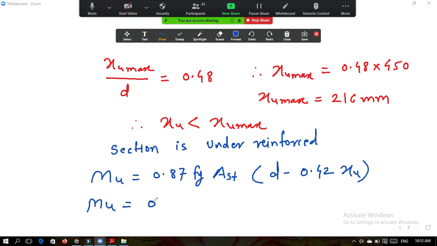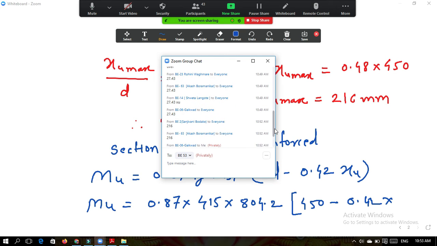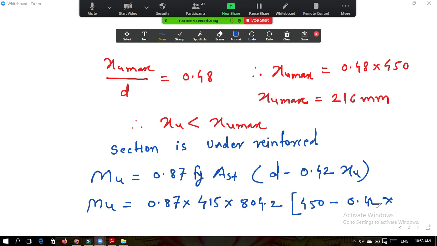MU is equal to 0.87 into Fy is 415 into area of steel 804.2 into bracket D is 450 minus 0.42 into XU. What was the value of XU that we calculated? 27.43.